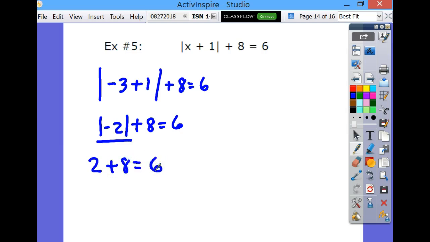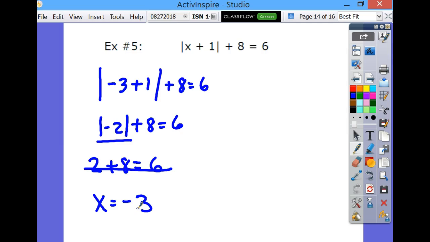Is that true? It's not true. That means x equals -3 was not a true answer. Well, what was it then?